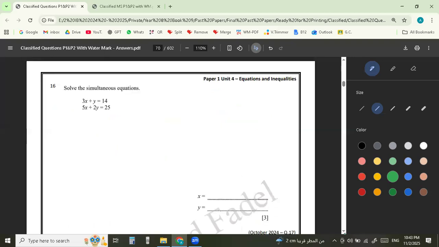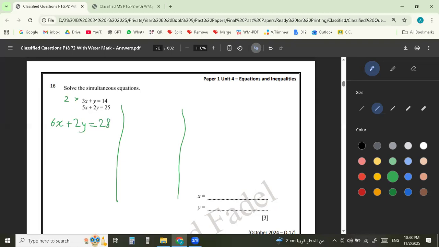Here, I'm going to multiply the first equation by 2 to get it ready for elimination, to get the y ready for elimination. Let's do it. So the first equation is going to be 6x plus 2y equals 28.